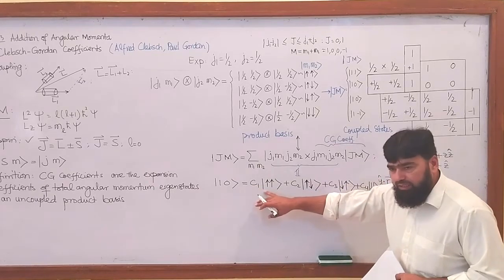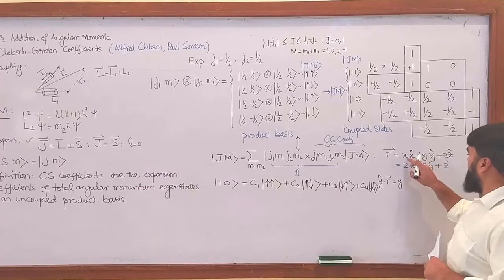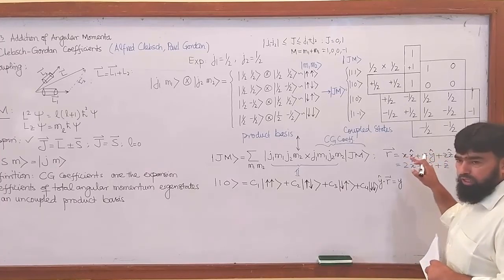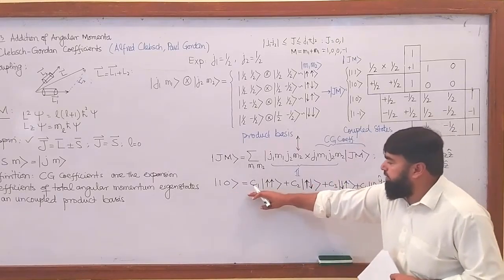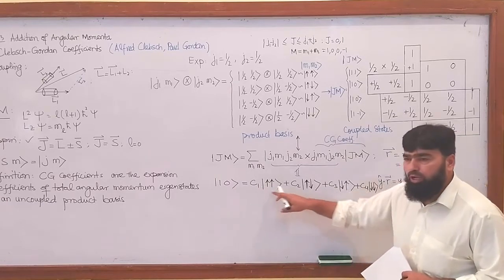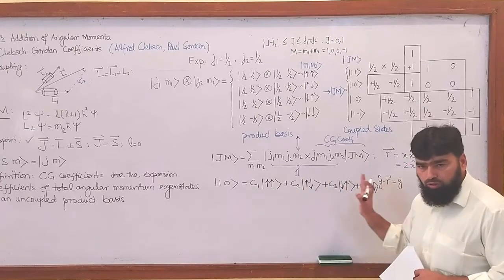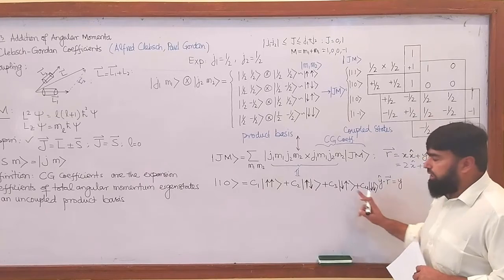These are the bases, these are the coefficients, like x, y, and z are the bases and these are the coefficients. So any coupled form I can write in the form of uncoupled with their corresponding coefficients. C1, C2, there are 4 states, so I have written 4 coefficients.